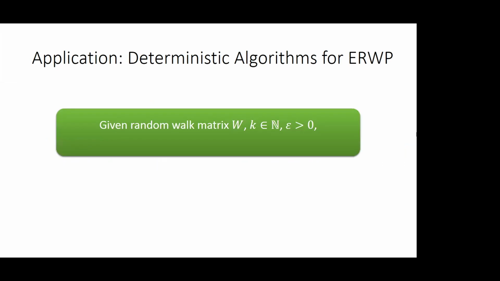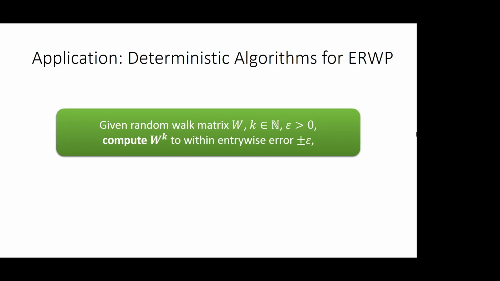We're going to talk about this application before we talk about how we solve Eulerian Laplacian systems, just as a motivation. So we're given a random walk matrix W and some number k, that's a natural number, and an epsilon. And what we want to do is compute W to the k to within entry-wise error plus or minus epsilon. So this is the entry-wise walk probabilities problem.